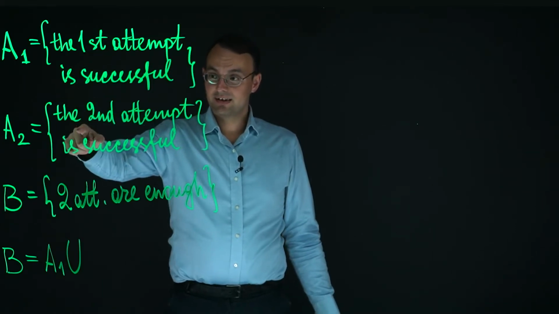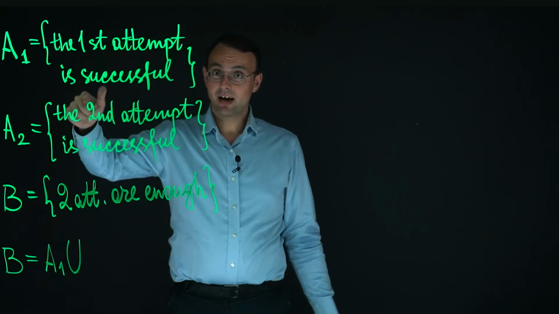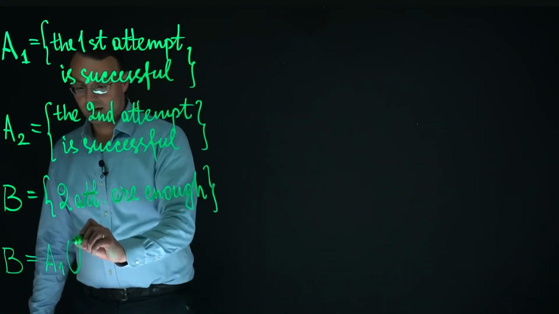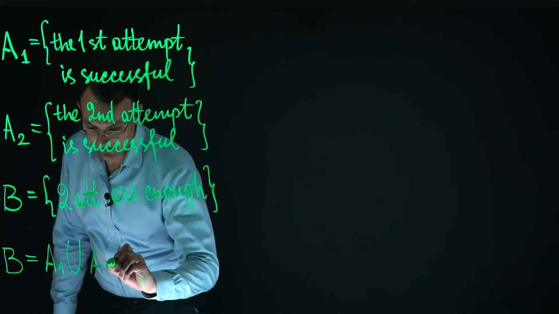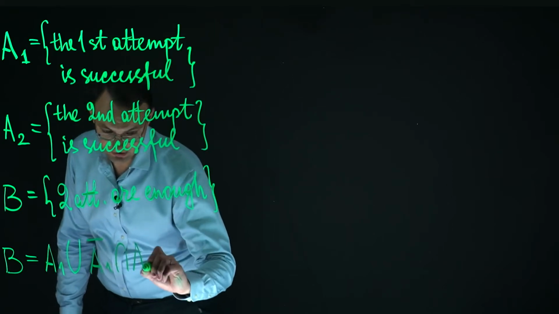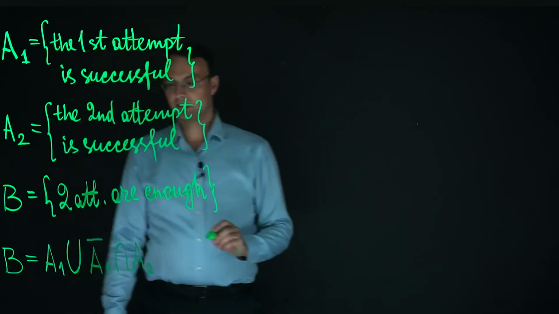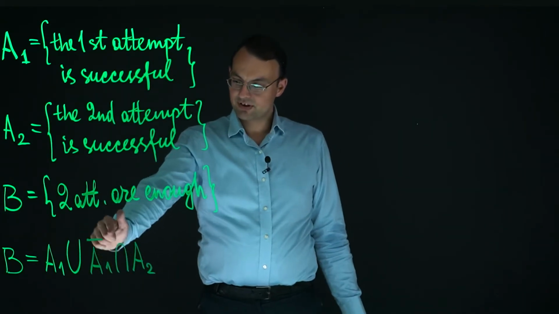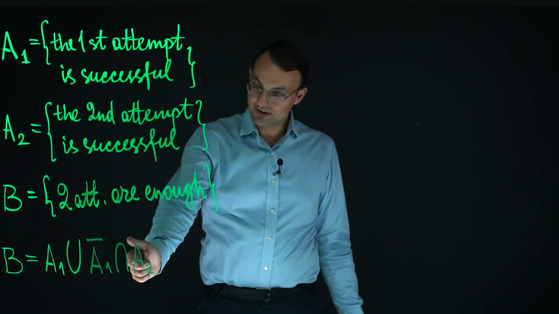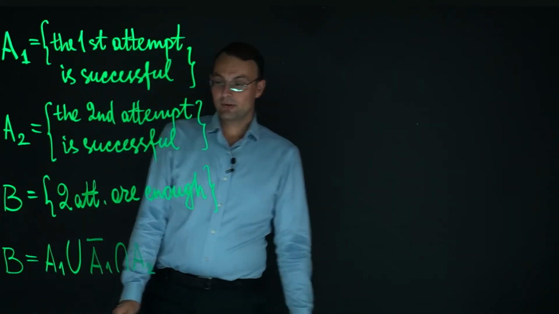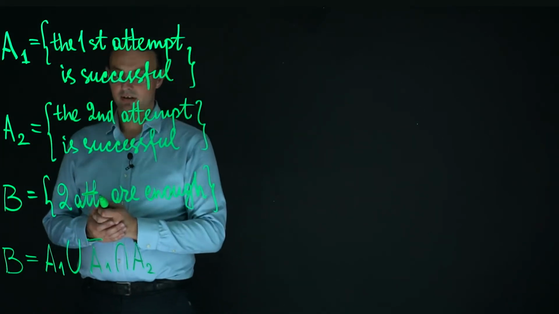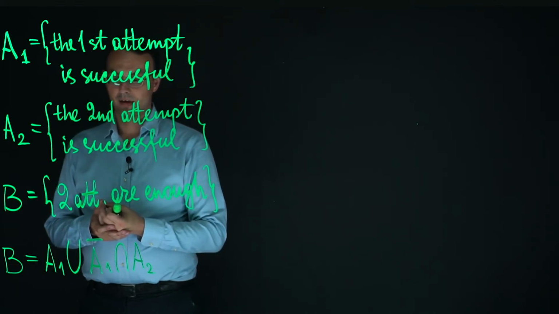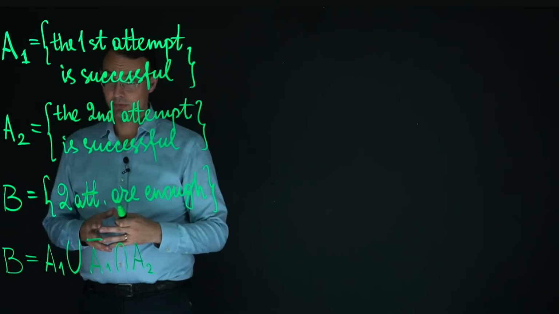So the second attempt takes place only after unsuccessful first attempt. So A1 or not A1 and A2. So the first attempt is successful, or the first attempt is not successful and the second one is successful. So that is how my event can be expressed with the help of A1 and A2.